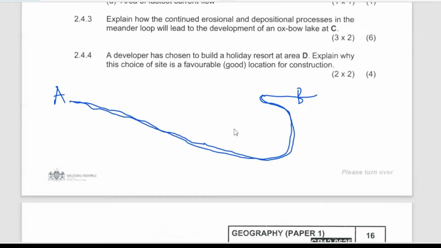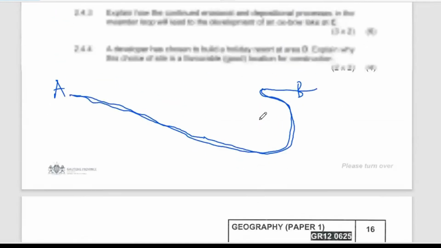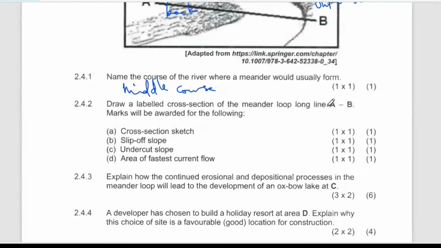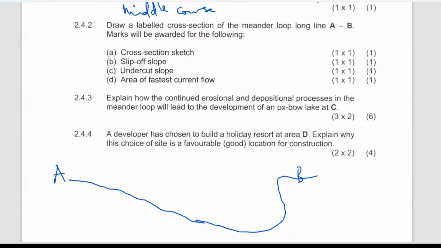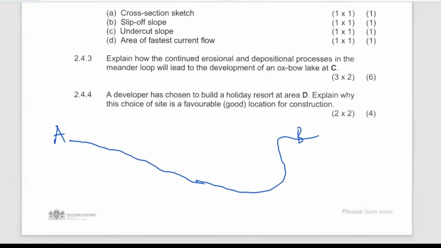And what are we supposed to do? We are saying we must draw the cross-section. We want to check on the shape of the cross-section. Is it compatible with what is happening on either side? Right, we can check. Let me just correct this one here to make it appear right like this. So we want to label the slip-off and the undercut.